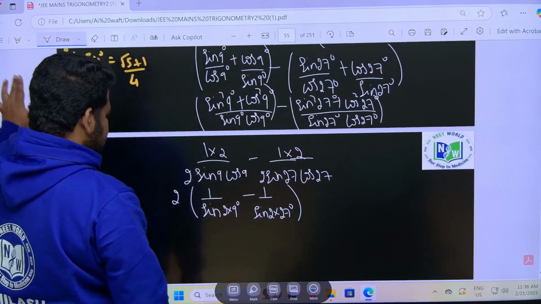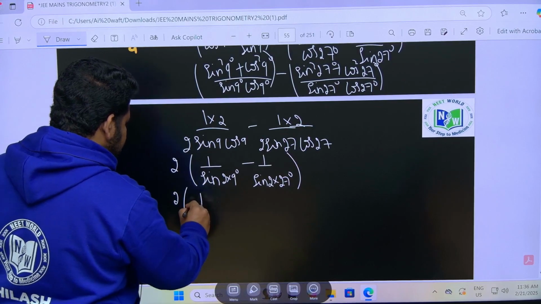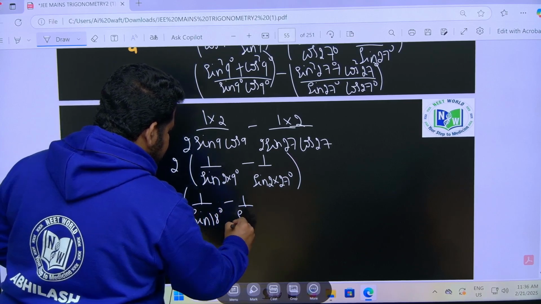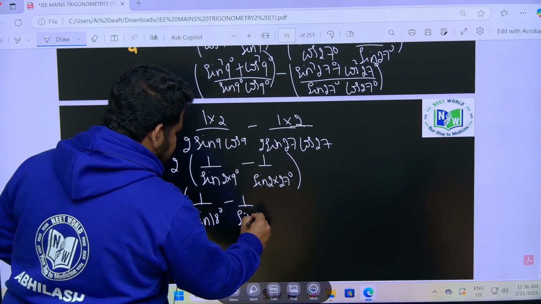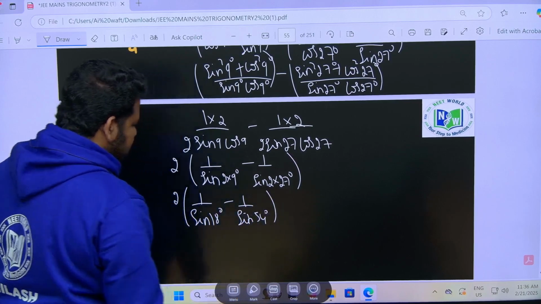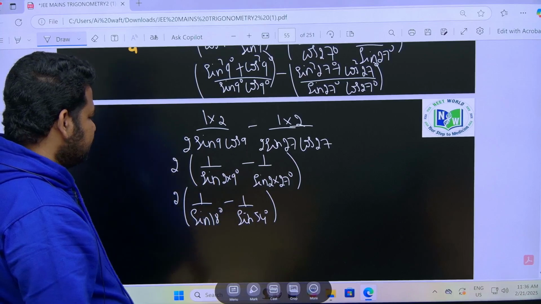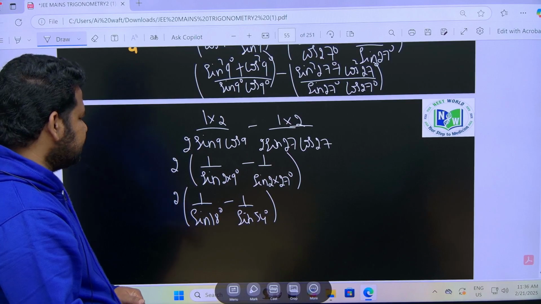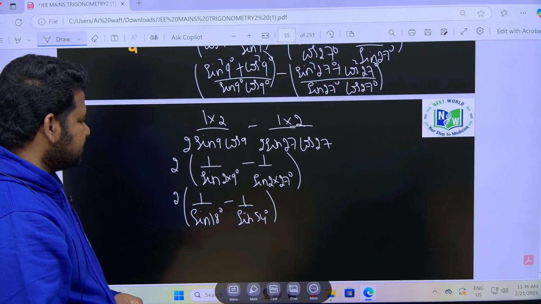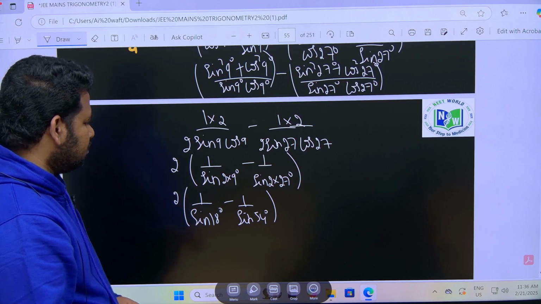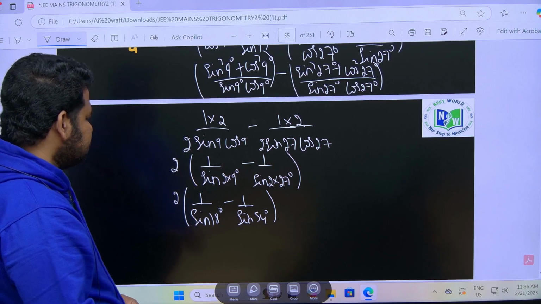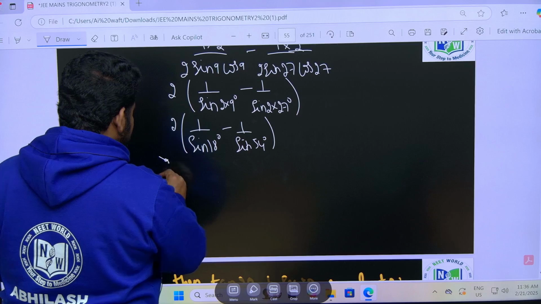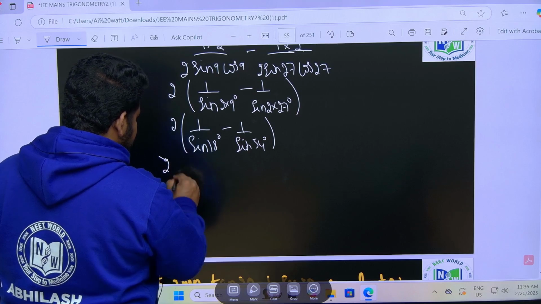So this is 2 into 1 by sin 18 degree minus 1 by sin 54 degree. Sin 18 degree is what, friends? Root 5 minus 1 by 4. So 2 times, root 5 minus 1 by 4, I can write 4 here.